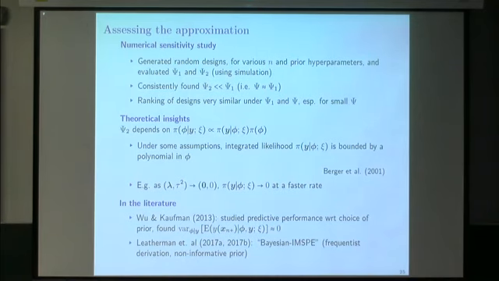Also, Lederman and her co-authors proposed a Bayesian integrated mean square prediction error as an objective function to find designs for prediction. This criterion is derived from a frequentist approach averaged across the prior information for the correlation parameters, and our approach gives a proper Bayesian interpretation for this criterion as well.